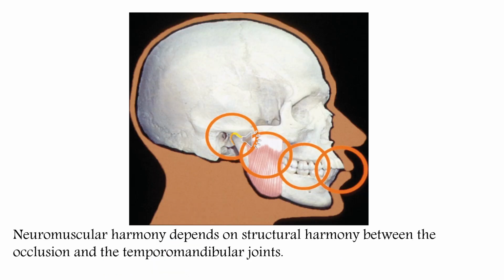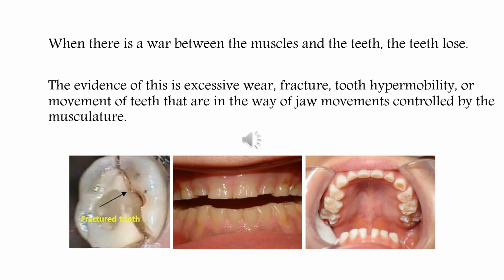Now, for sure, if we are talking about the masticatory system, we cannot neglect the temporomandibular joints, which are one of the basic structures that control the movements of the mandible. And now, if you think about it as a system with multiple factors involved, if a fight would happen between the muscles and the teeth, the teeth will always lose.